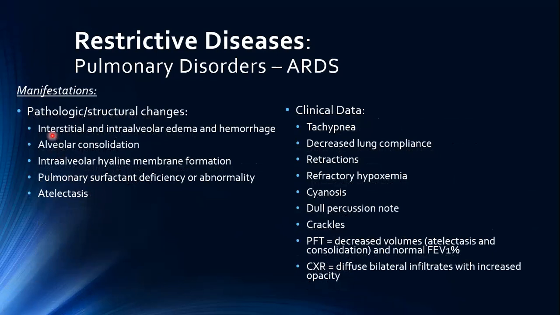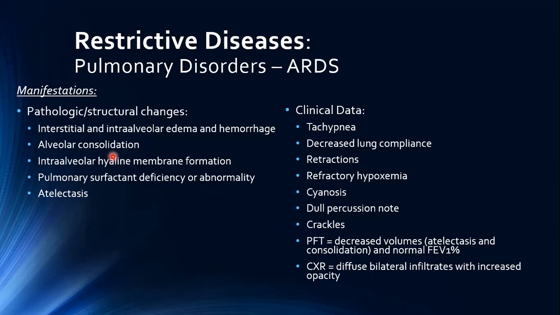All right. The manifestations of ARDS: you have interstitial and intra-alveolar edema and hemorrhage. That means your alveoli are bleeding. Alveolar consolidation, right? They start to be full of blood and full of whatever the fluids are.